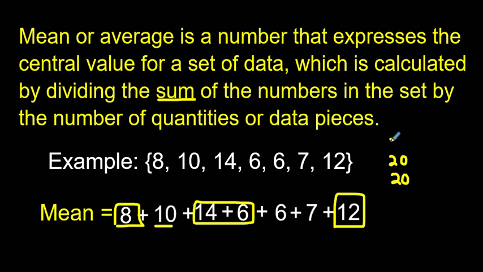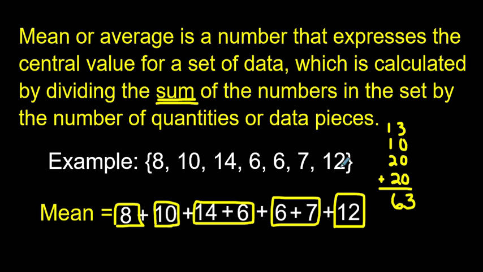And when we add in the 10 here, those are easy numbers to work with. And finally, 6 plus 7 is 13. So using these properties will allow me to add in any order I want, and I can find numbers that work well together to make this process a little faster. When we add these values together, we end up with a sum of 63.